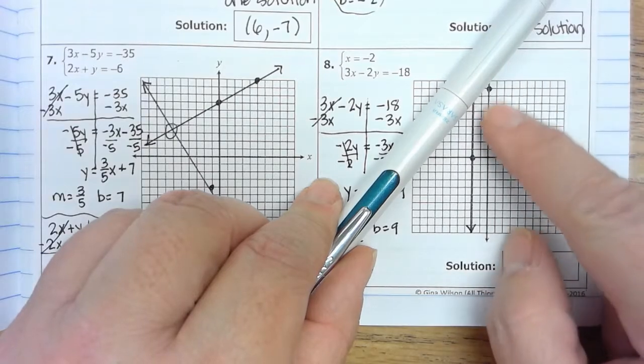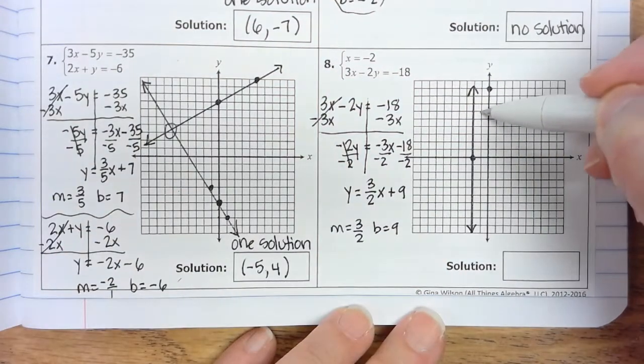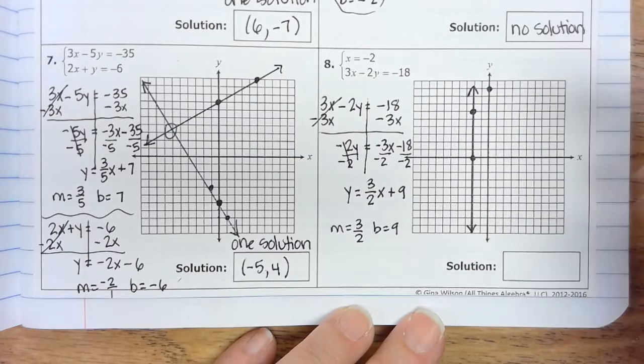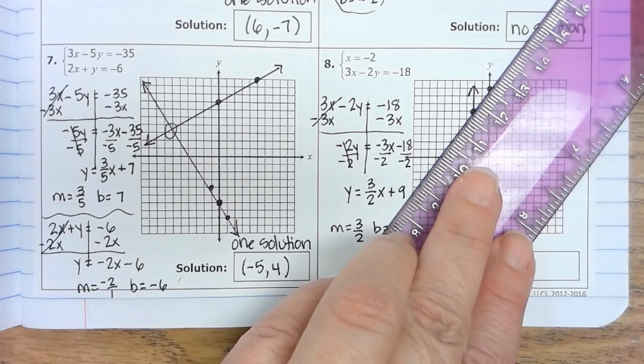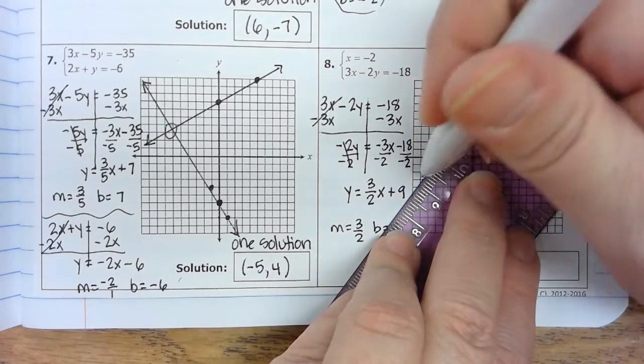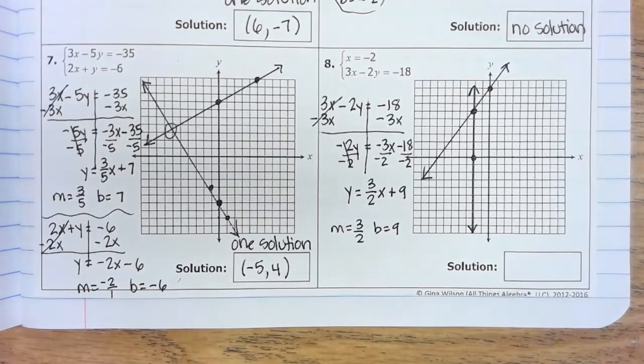So down 3 and over 2 that way. 1, 2, 3, 1, 2. And we'll connect. And this is clearly one solution, which is right here.